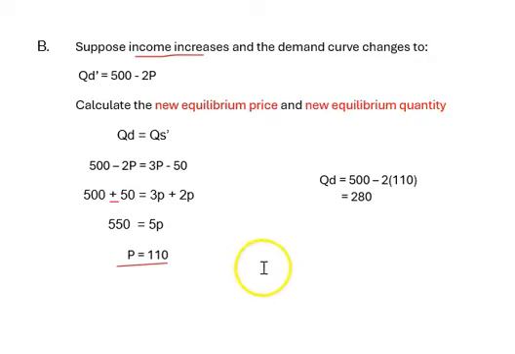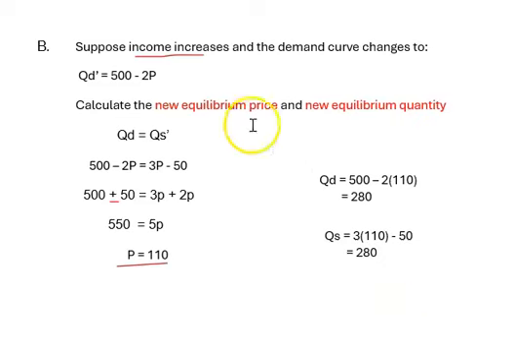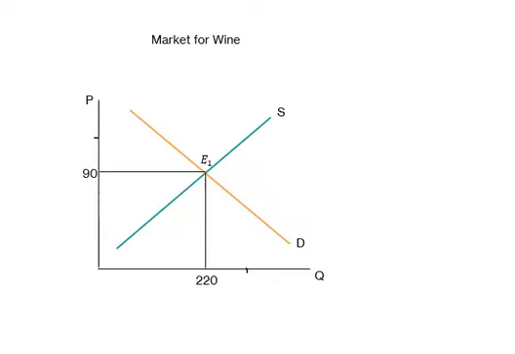If we do the same with QS, substituting p into QS, we get the same result, that is quantity equals 280. So let us plot that into our demand and supply graph.